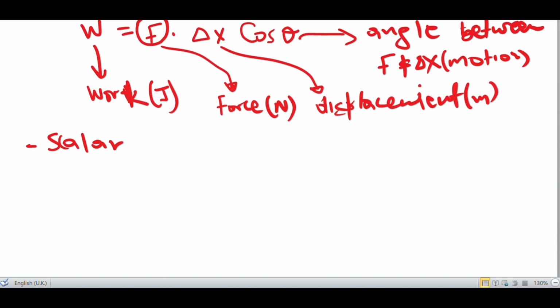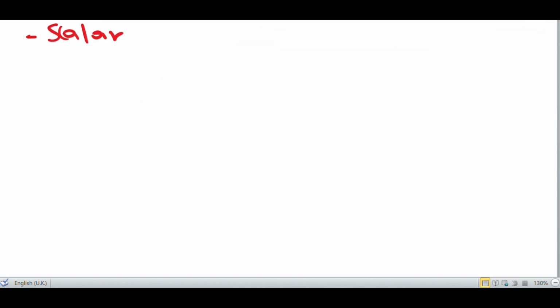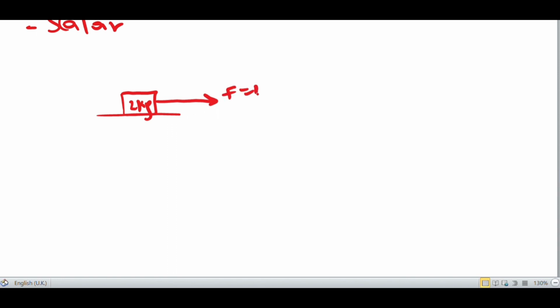Now let's have one example, the simplest one. Let's say we have an object that is moving on a horizontal surface, and a force is applied to the object to displace it 10 meters.